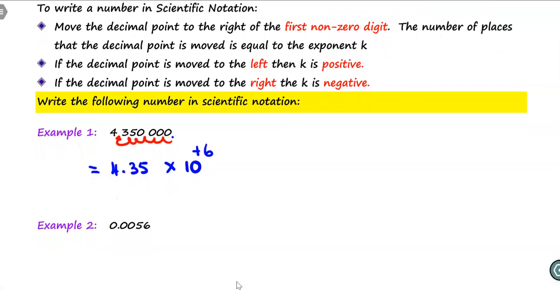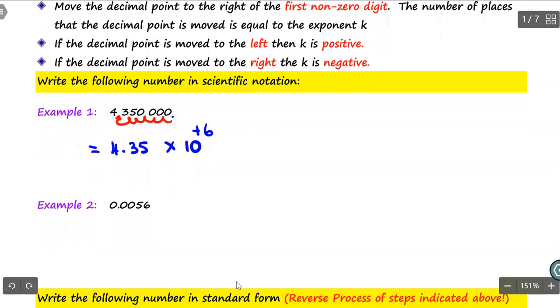Example number 2, the decimal point is visible. So I am going to move it and place it to the right of the first non-zero digit. In this case it's 5. So I'm going to move here. I will do 1, 2, 3.